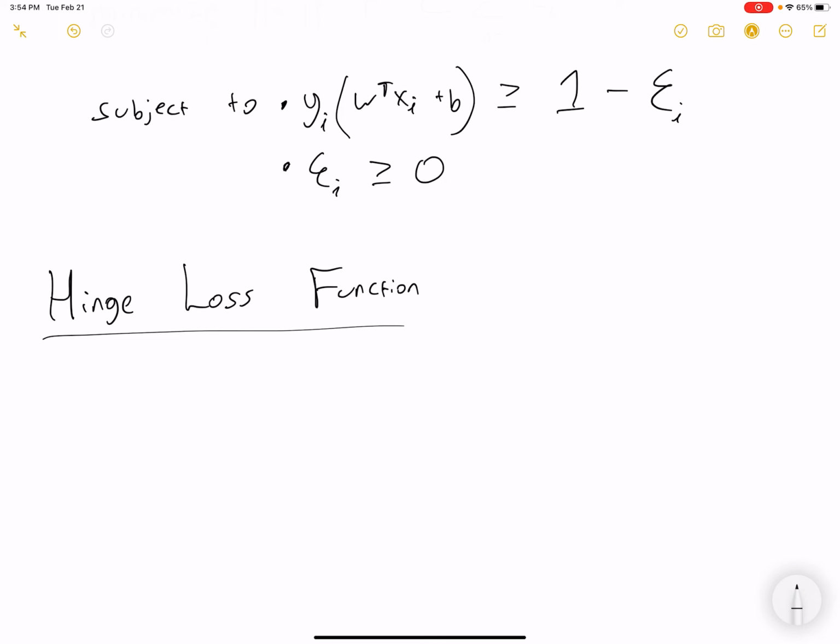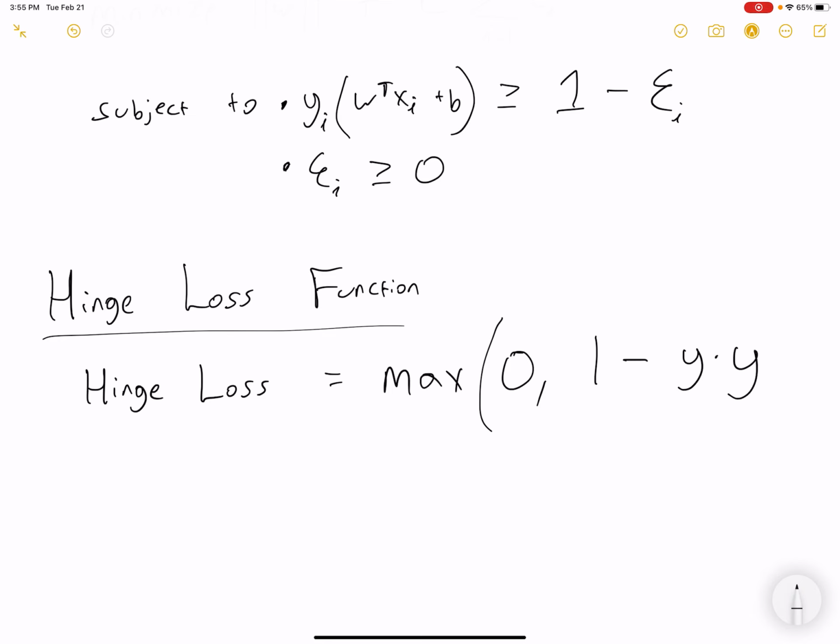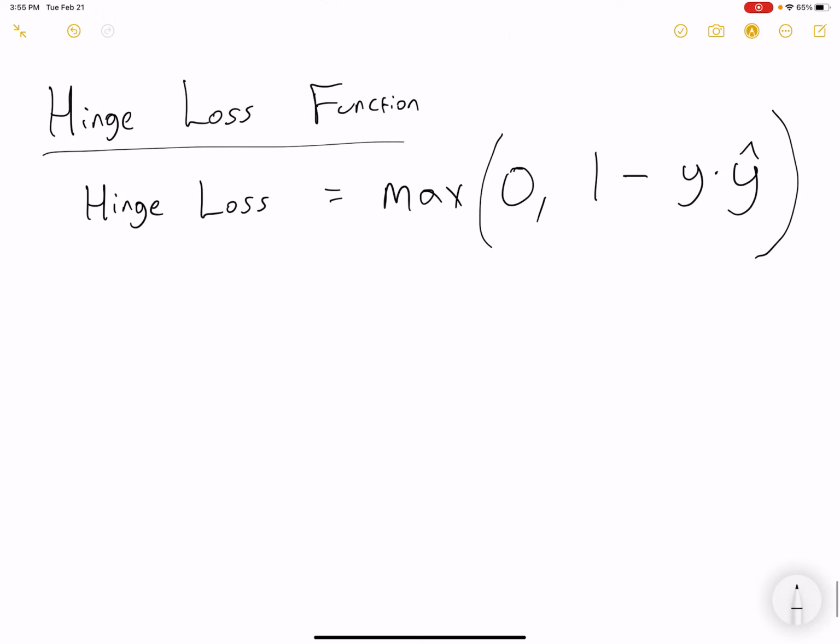And so the hinge loss is equal to the max of 0 and 1 minus the true value times the predicted value, which let's break down this loss function.